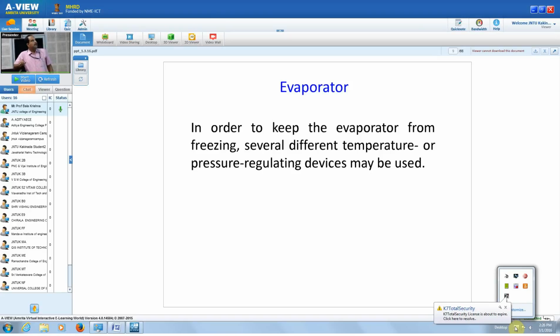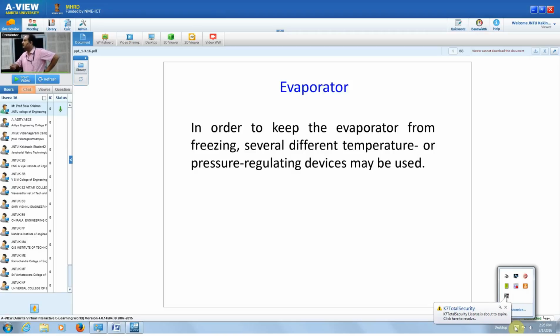And in order to keep the evaporator from freezing, several different temperature or pressure regulating devices may be used. Generally, the more the cooling, the more the ice is formed. After some time, what is the disadvantage of the ice formed, the frosting? Maybe the flow inside the tube may freeze.